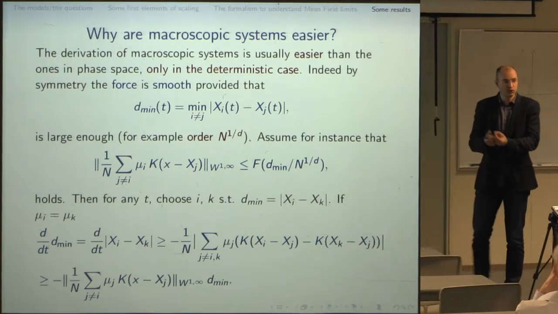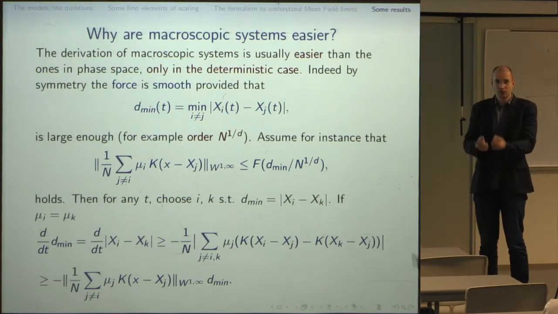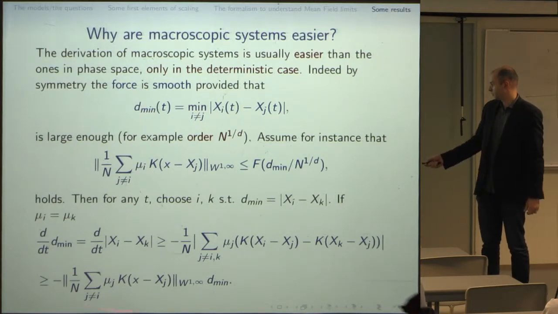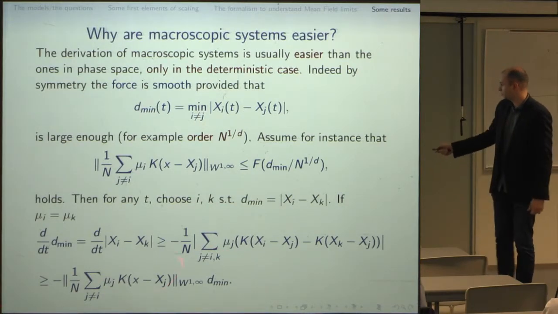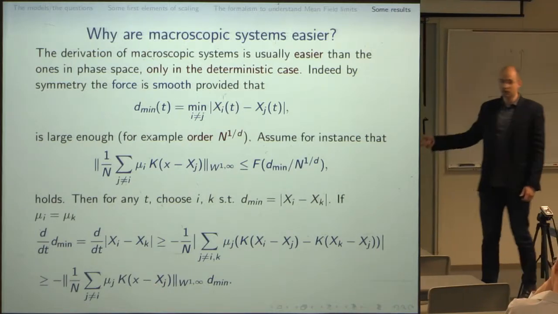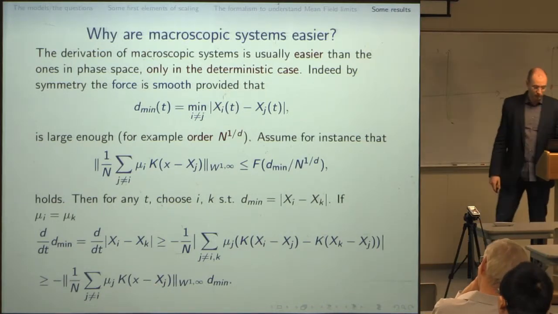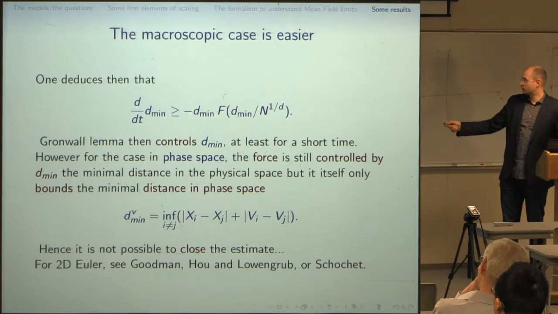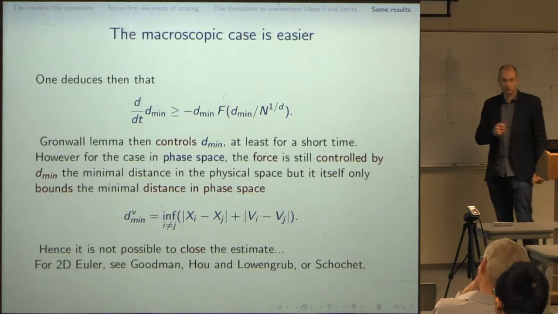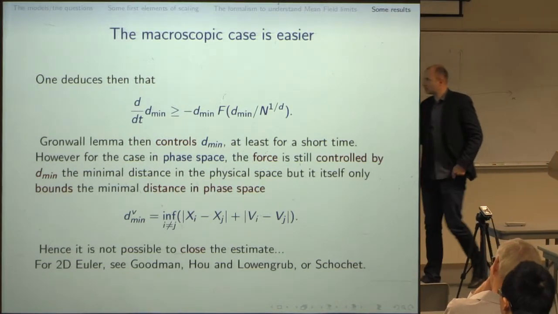The velocity is equal to the force. So if you're close, the forces are close, therefore your velocities are close, and therefore you cannot get much closer. You get something like that. You replace this by this estimate, and you have again a Gronwall type of control, at least for a short time.